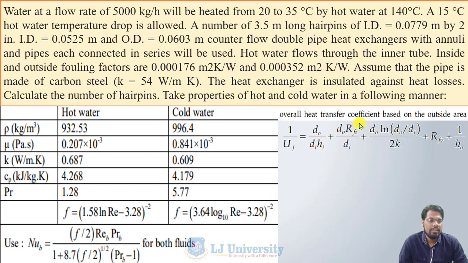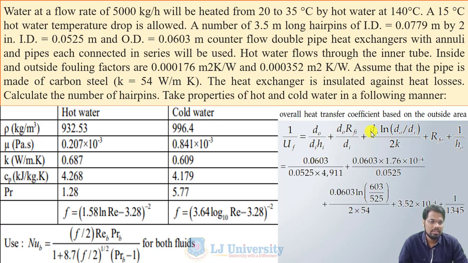Now the overall heat transfer coefficient based on the outside area. The equation becomes Do upon Di hi, plus Do Rfi upon Di, where Rfi is the fouling resistance or fouling factor for the inside, which is 0.000176, plus Do ln(Do/Di) over 2k, which represents the conduction wall resistance for the pipe, plus Rfo, the outer side fouling resistance, which is 0.000352, plus 1 upon ho.